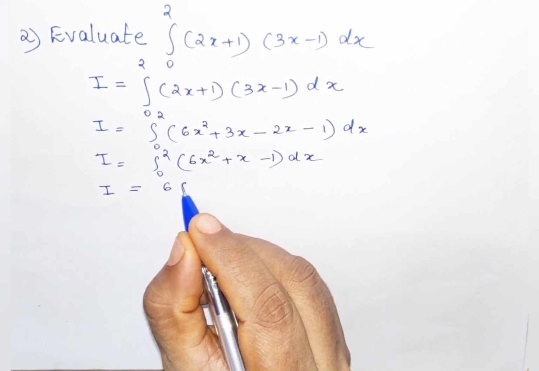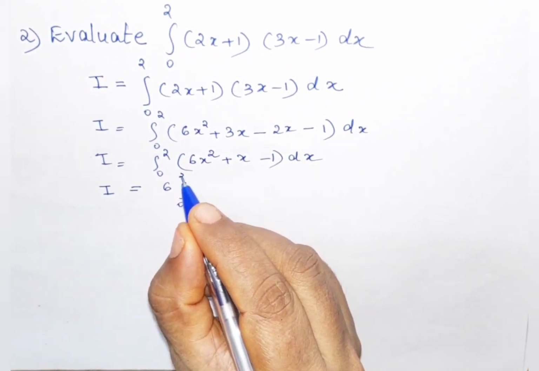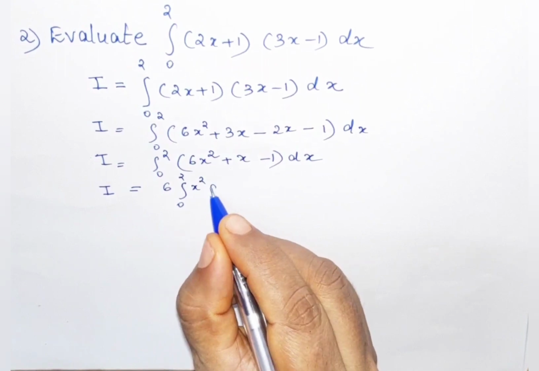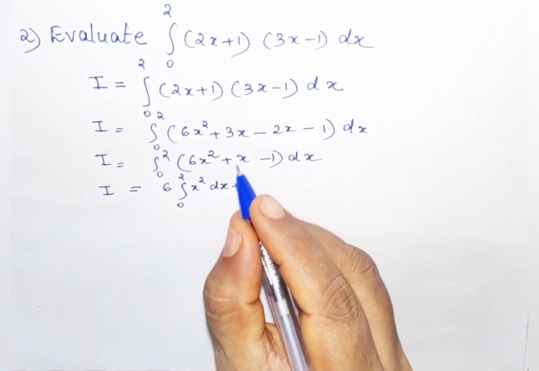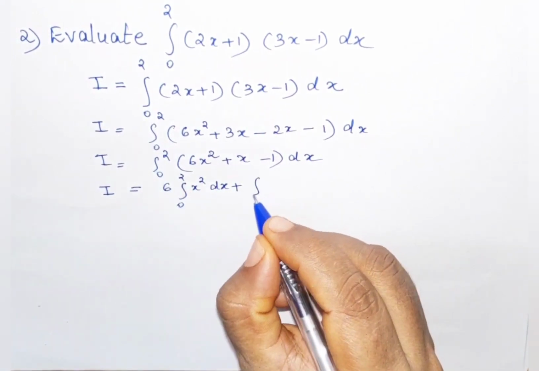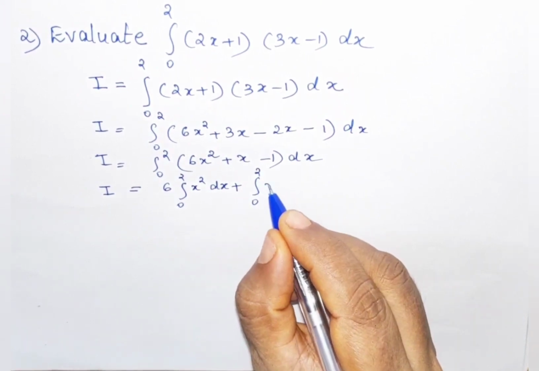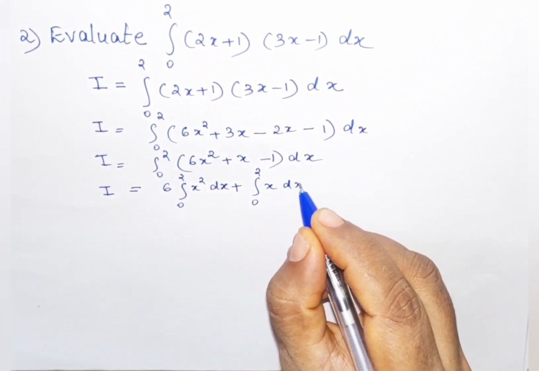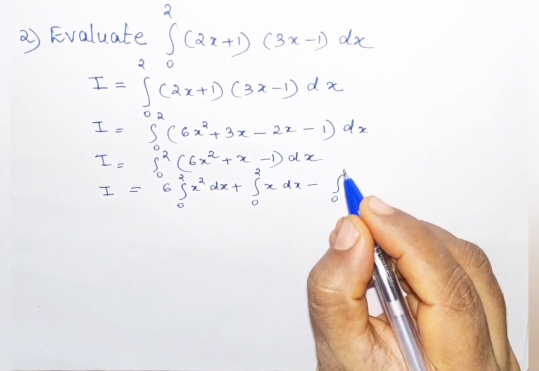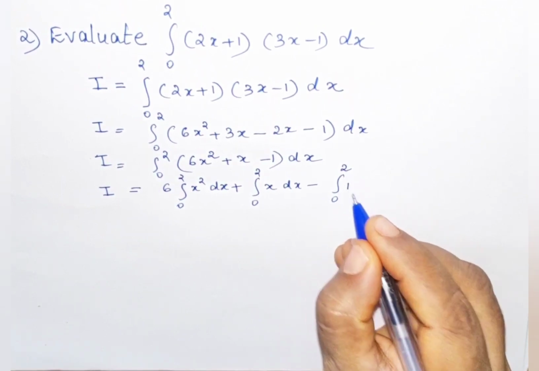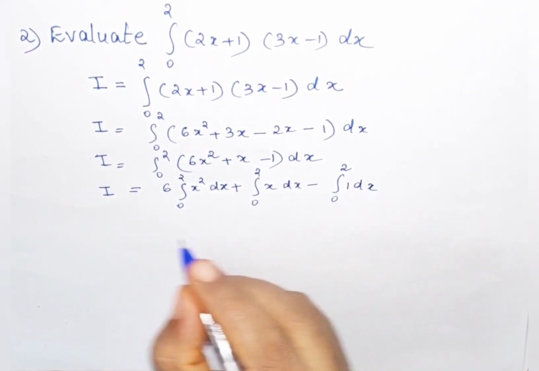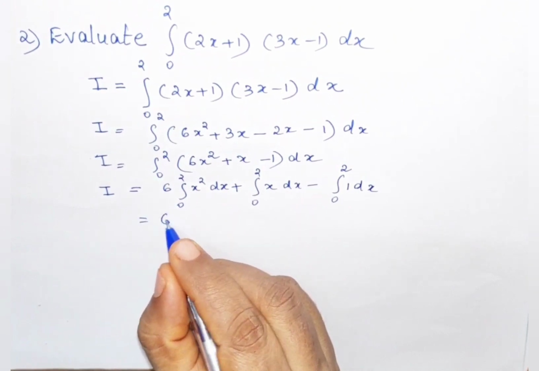So 6 integral 0 to 2 x square, that is our first term, x square dx, plus integral 0 to 2 x dx. We are applying the integration sign for each of the terms. Now we are writing the next term, minus integral 0 to 2 1 dx.